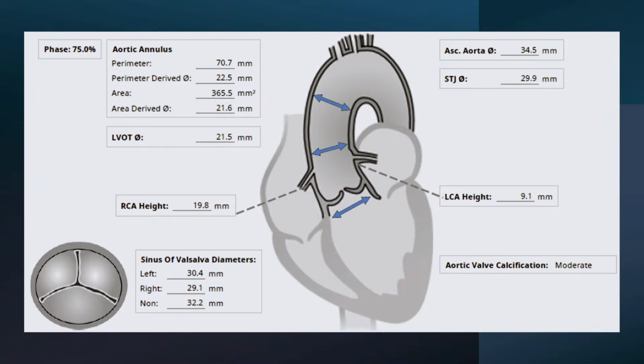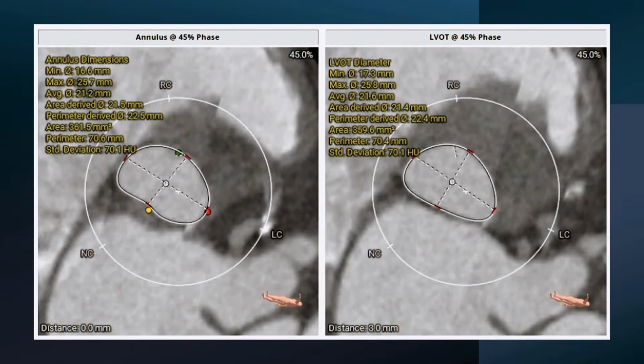We are not directly going to a 23 valve here, because the LVOT diameter is 21.5, similar to the annulus. The sinuses are roomy, and in the ascending aorta there is some dilation, which is 34.5, and the STJ is around 30 millimeters.